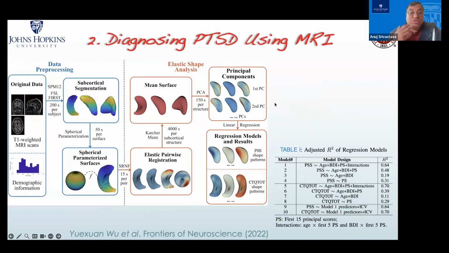Can you use the structures of subcortical structures, shapes of those, morphologies of those? And so we had a pipeline where we start with original data, segment them, compute the means, compute principal components, and use these principal component scores as shape features to feed into some regression models and try to predict the clinical outcomes for PTSD.